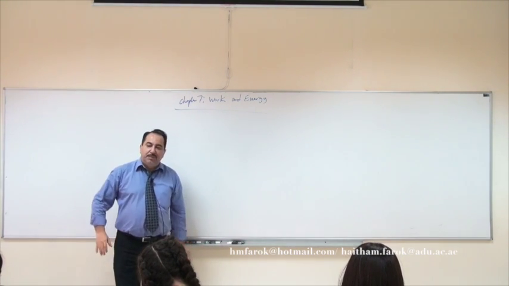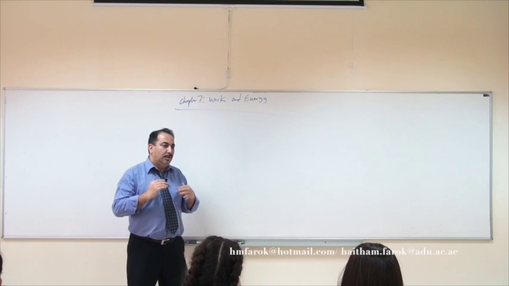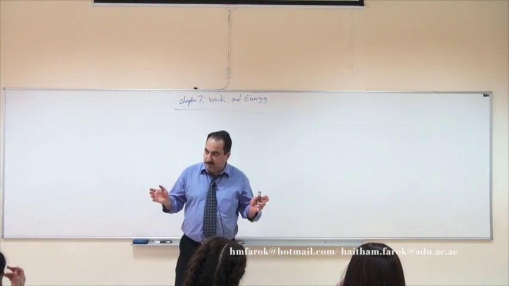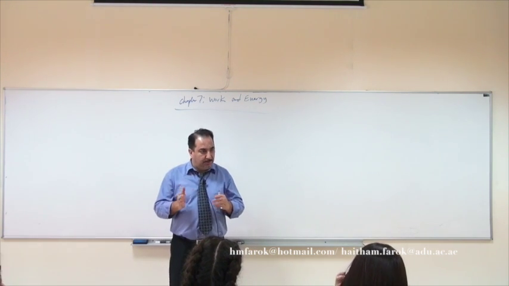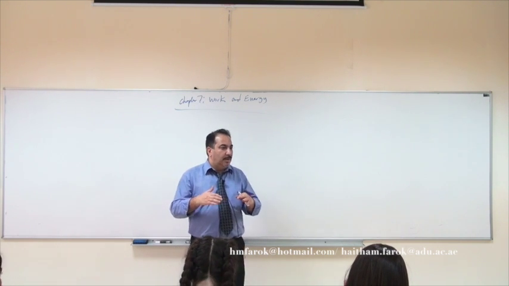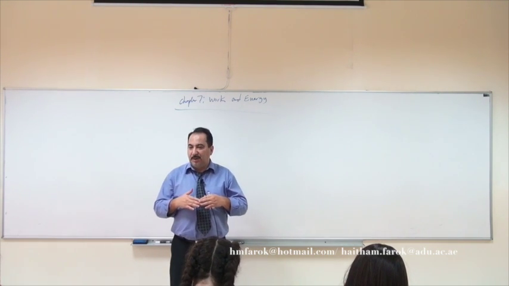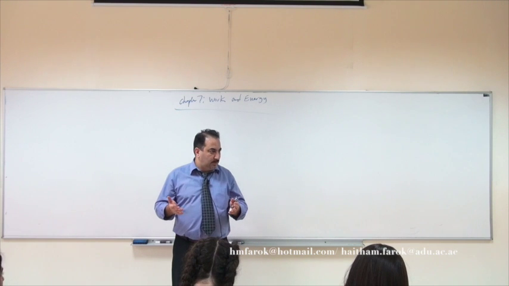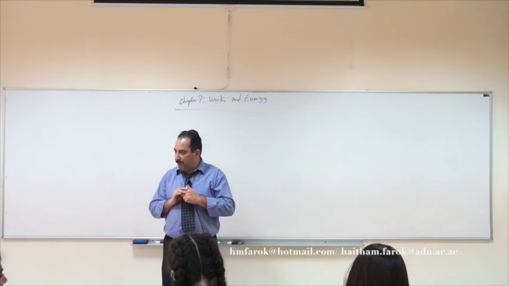Now, if you remember so far what we did, we talked about motion in one dimension, chapter 2. And then after that, we talked about objects moving in 3 dimensions, and we used the equations of motion.